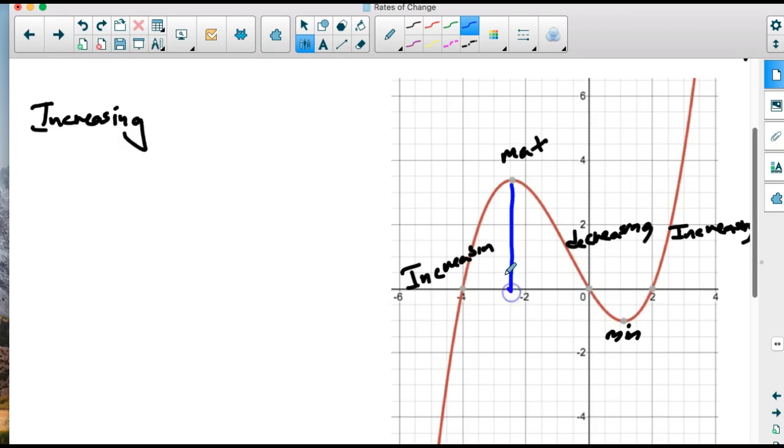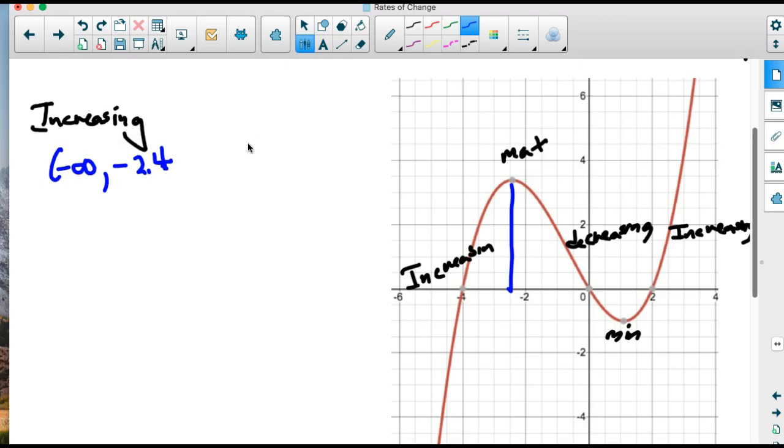For the first interval, it's going to be increasing from negative infinity, we're assuming it keeps coming from negative infinity, to this value right here, which is, that's 3, so I'm going to say that that's negative 2.4 approximately. Okay, so we're going to increase on that interval. Now the question is, do we include the point in the interval or we don't include the point in the interval?